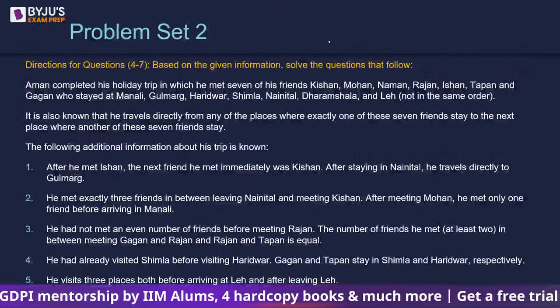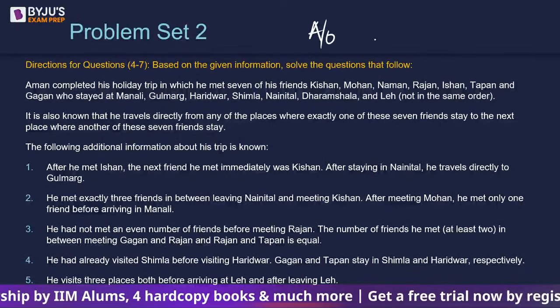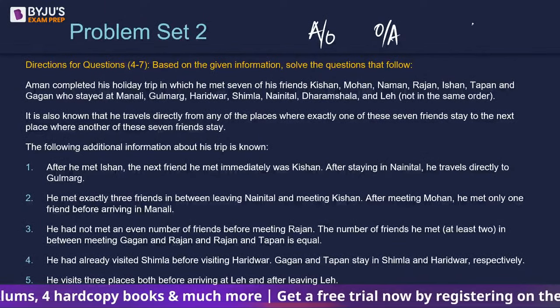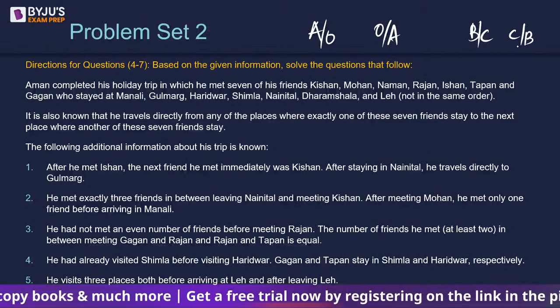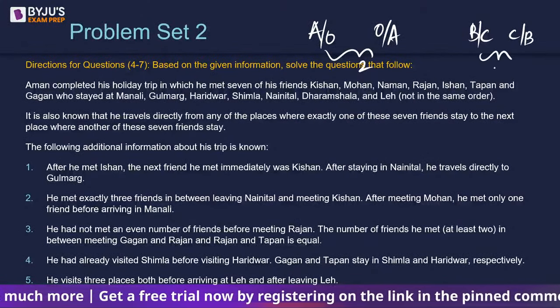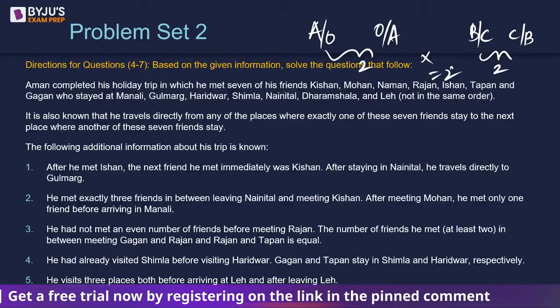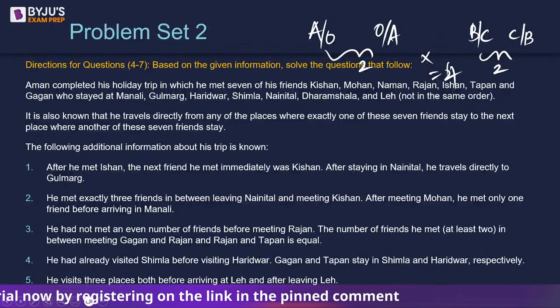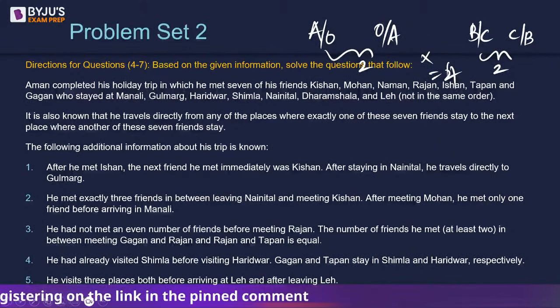Suppose this is AO, this is OA, and elsewhere this is BC and this is CB. You have 2 possibilities here and 2 possibilities there, so you multiply and say there are a total of 4 possibilities. This is how you count. You don't write those 4 cases.